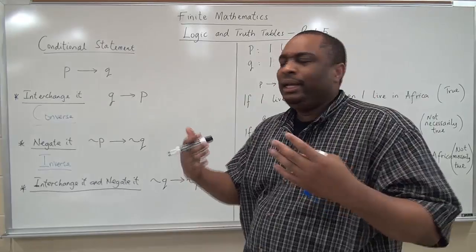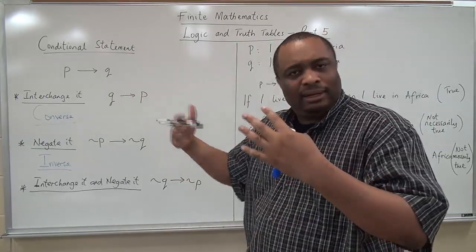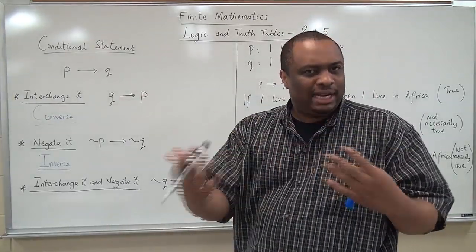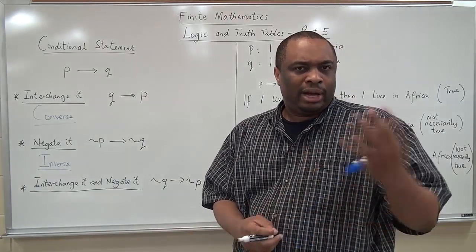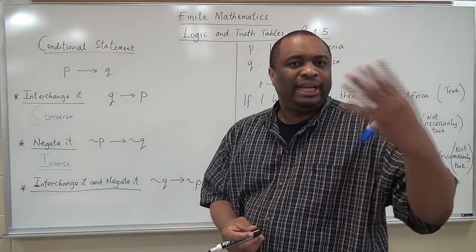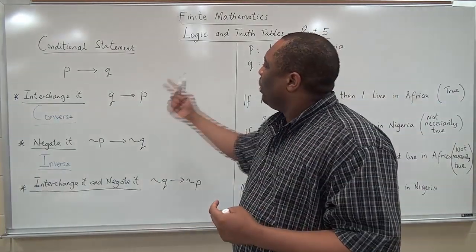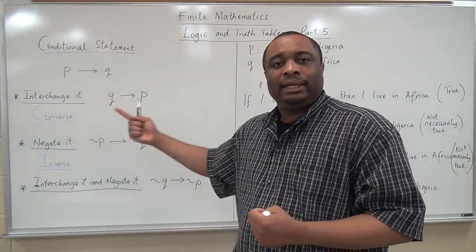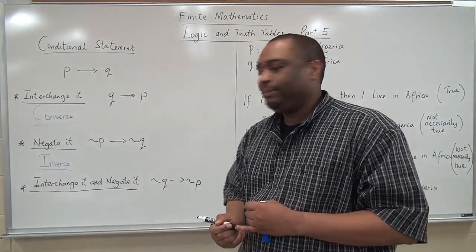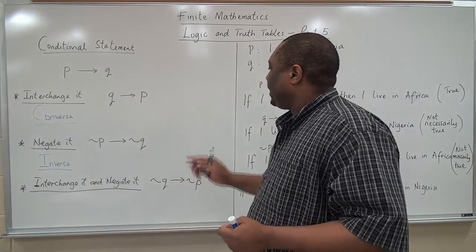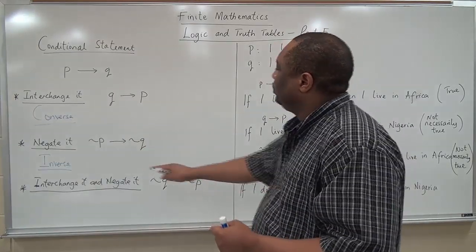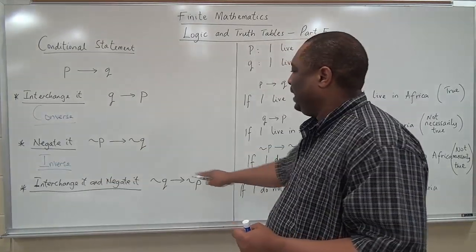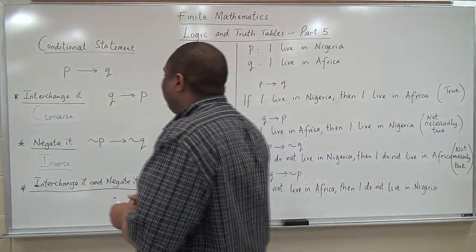And then we want to see whether some of these statements are logically equivalent to each other. We want to see whether one statement is logically equivalent to another statement. So this interchanging and negating is what we call contrapositive.